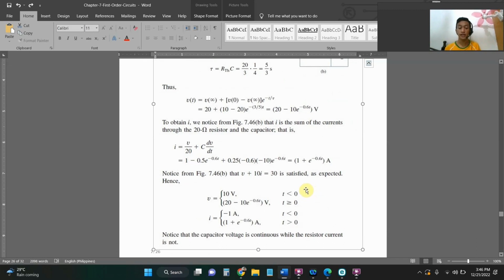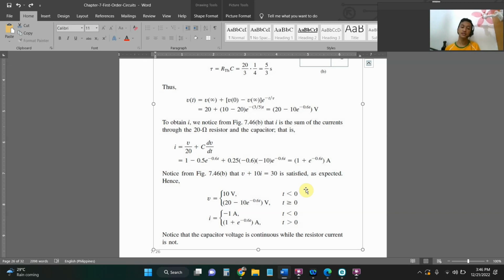As expected, v is 10 volts when time is less than 0. When time is greater than or equal to 0, we get 20 minus 10 e to the negative 0.6 t. For the current, if time is less than 0, we get negative 1 ampere.